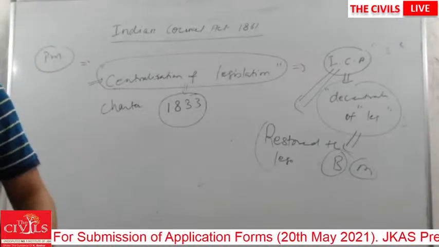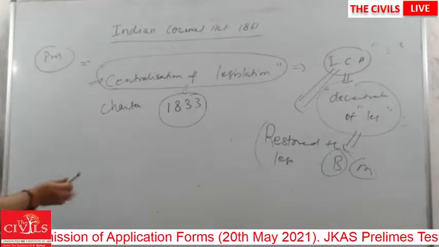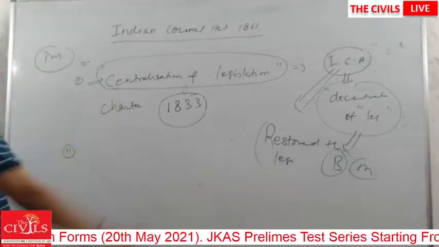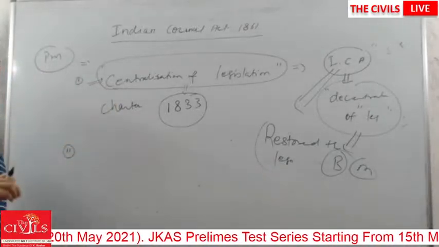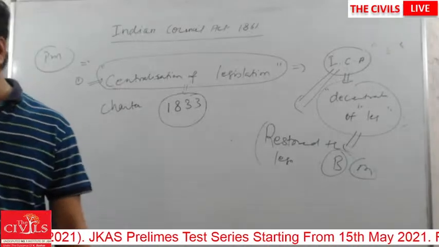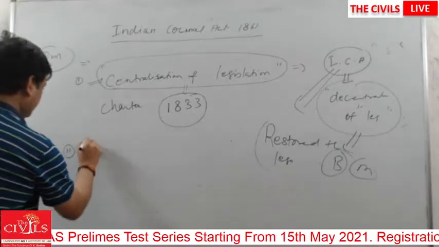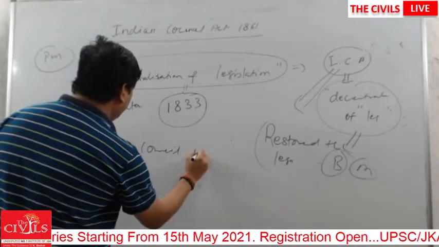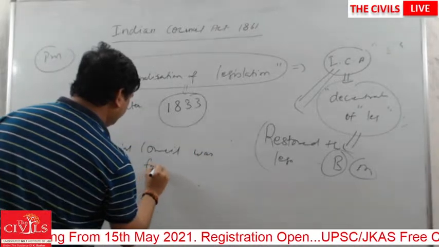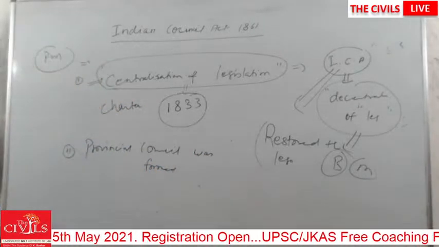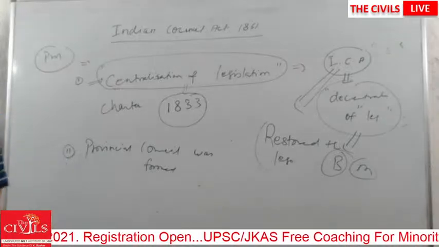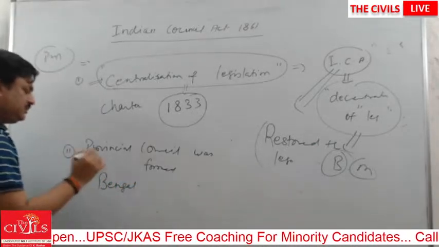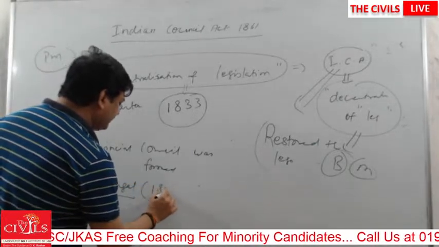Okay, now the next important point: by this act, a provincial council was also formed. The first provincial council was formed in Bengal in 1862.